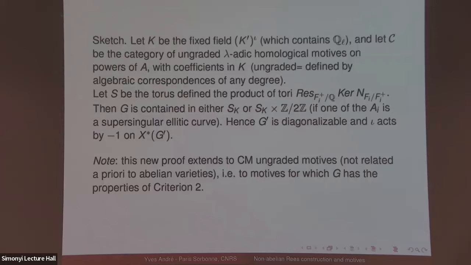Oh, I didn't say why this group is contained in this. This is because this fact occurs at least twice in this conference: abelian varieties over finite fields are all CM. Well, I think I'm finished.